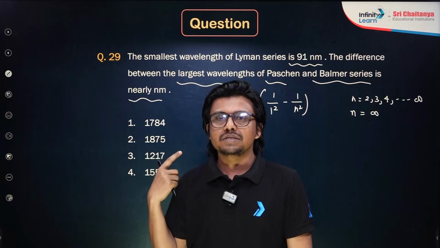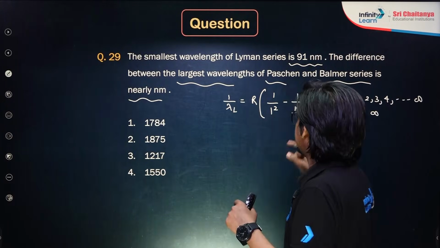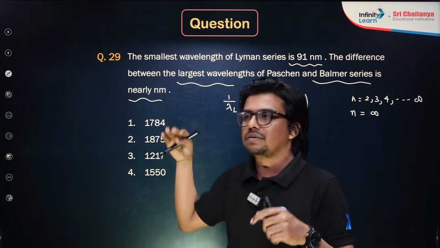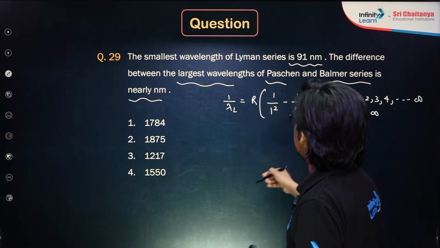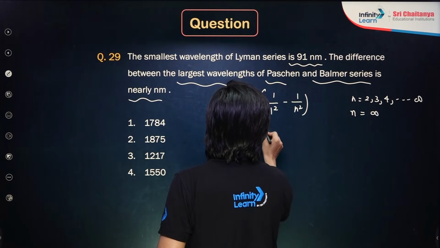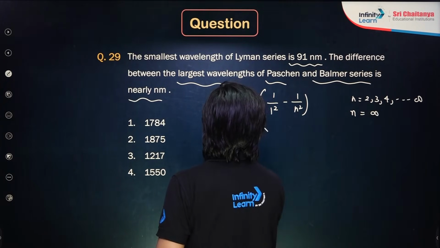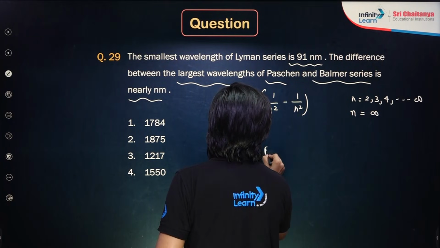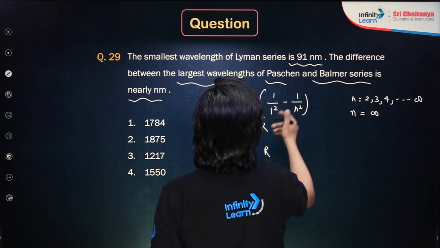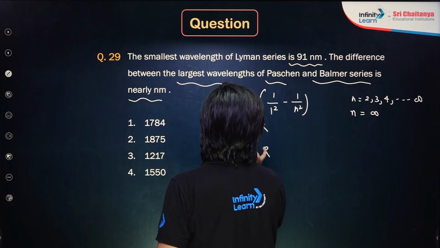Smallest wavelength means highest energy, and that is possible when the electron is jumping from the highest possible orbit to the lowest one. So for n equal to infinity, 1 by lambda L is equal to R. They are writing the smallest one, so I am taking 1 by lambda L minimum.